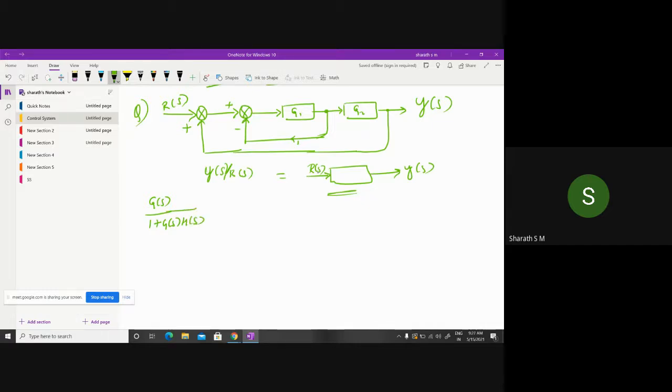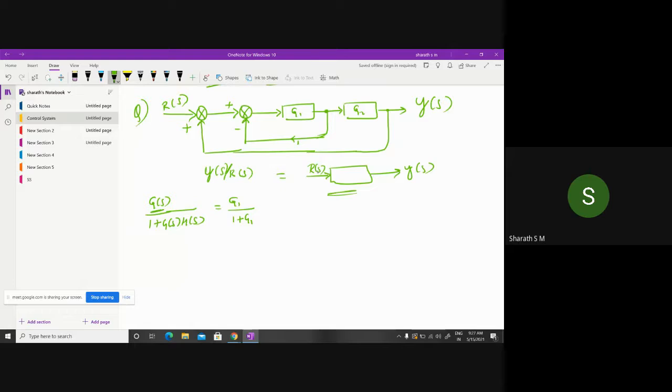Now in the place of G of s, we have the block variable G1. And in the place of H of s, what is the signal here? We have a 1.